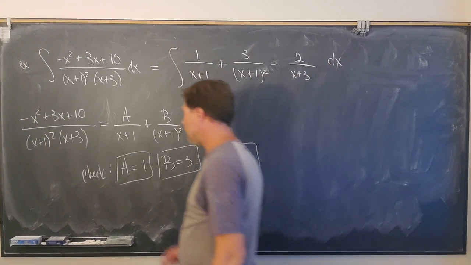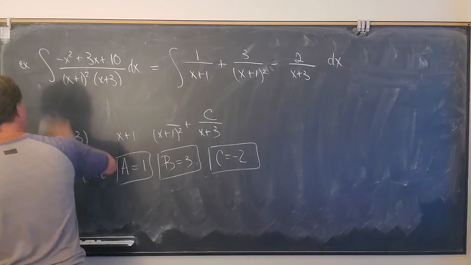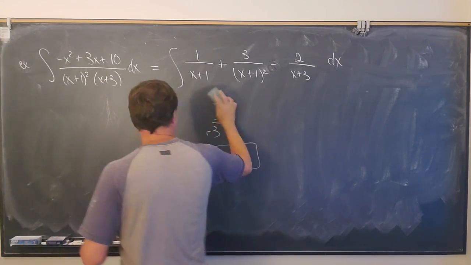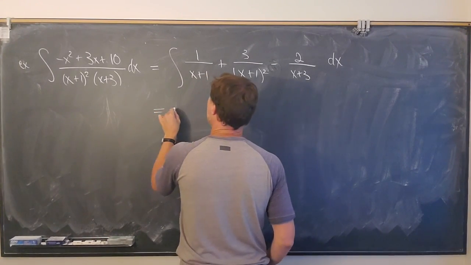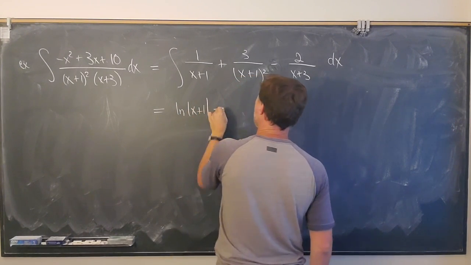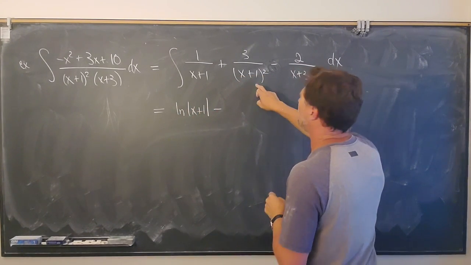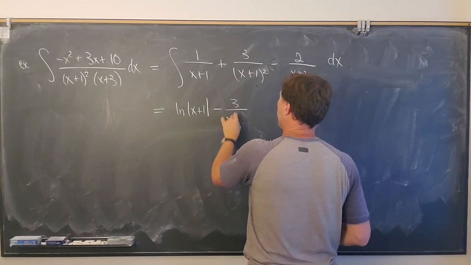So now we have an easy integral. This will give us a natural log absolute value x plus 1 minus 3 over x plus 1.